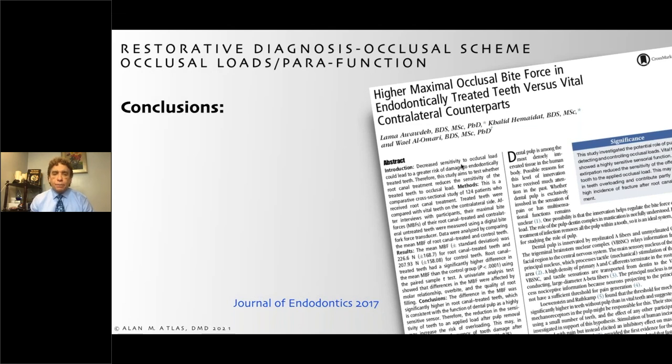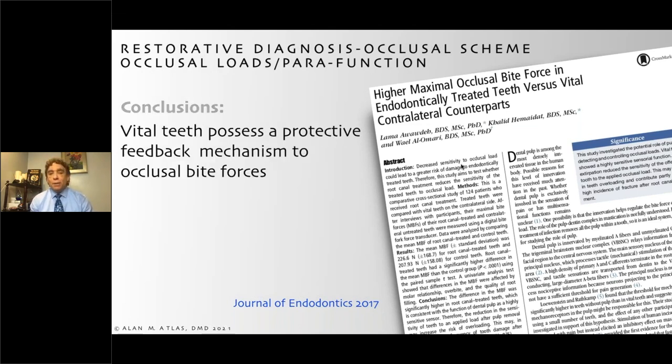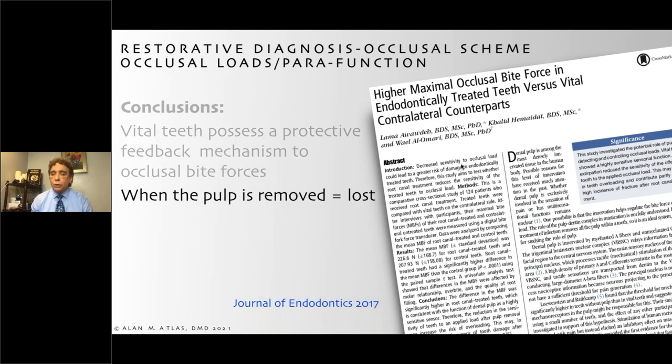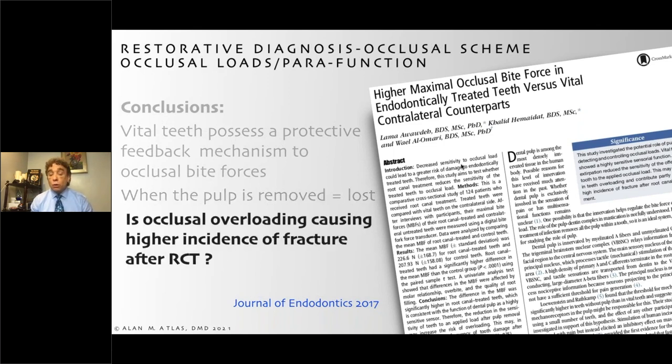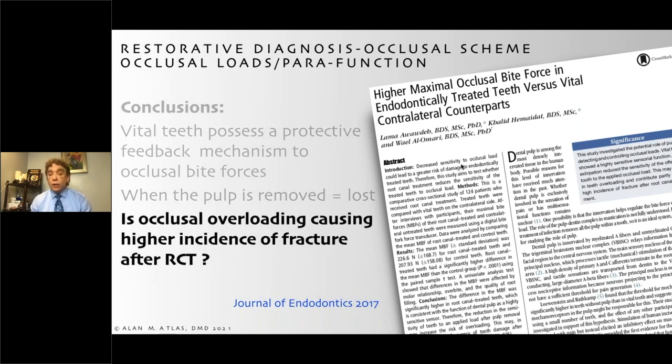But when you look at endodontically treated teeth, they almost act like implants. Vital teeth have this protective proprioceptive feedback to biting forces. If you bite too hard, your tooth's going to respond. That doesn't necessarily happen with endodontically treated teeth when the pulp is lost. So it's occlusal overloading causing a higher incidence of fracture after endodontic treatment. I think this is one of the reasons why we have a lot of failures.